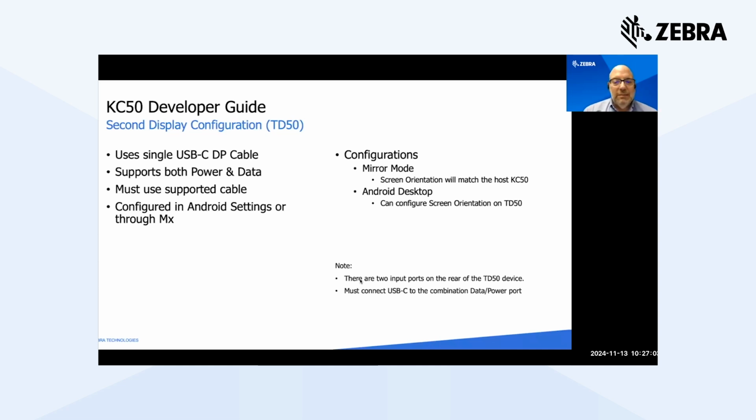You can also configure a unique Android desktop, which allows separate desktops between the KC50 and the TV50, and there are lots of specific configurations you can do for the TV50 with the secondary desktop. I think Leslie will get more into that when she talks about the Mobility DNA features. Okay, you can go to the next slide.